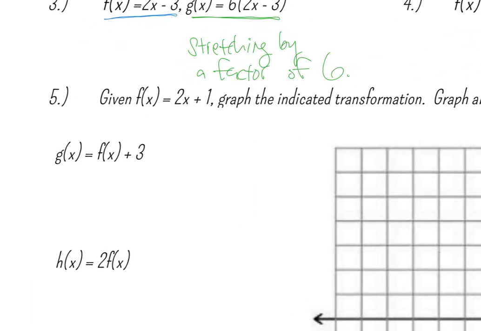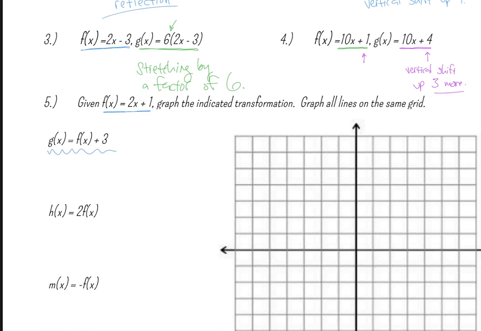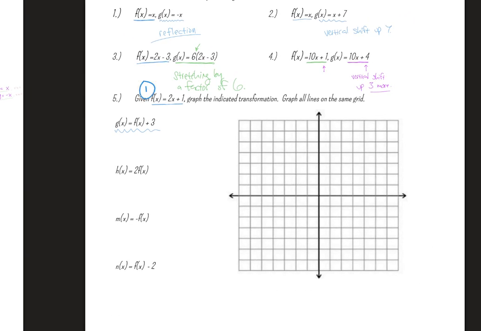Let's see, given that this is f of x, they want you to graph these functions and then label them. So here's what I want to do. I'm going to graph all 5 of these functions just so that we can see all the comparisons.